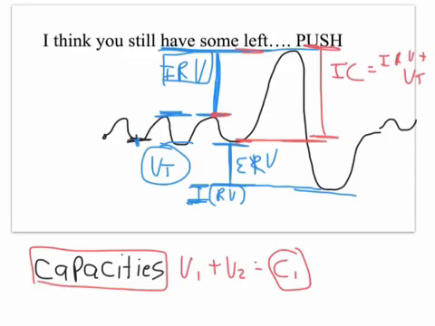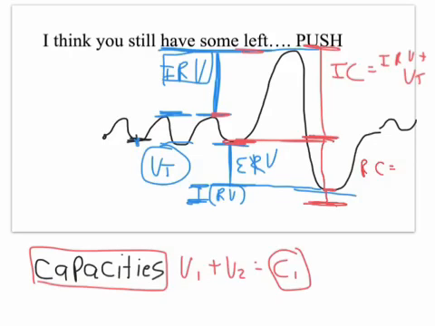And then if I start from that same point, the bottom of this breaking point, and I go all the way down, I include that breaking point, and I go all the way down to the very bottom to include every bit of volume that's left at the end of a normal breath. This is called the residual capacity, sometimes called the functional residual capacity.